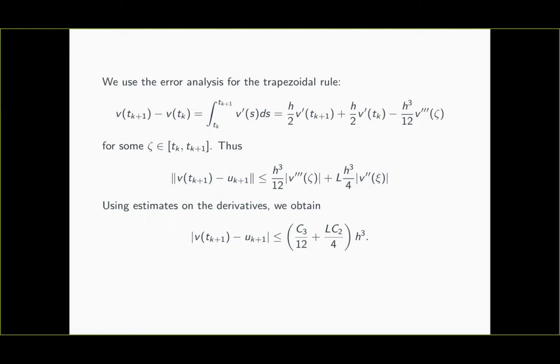Now, to simplify this, I apply the estimates on the derivatives, and I get that the norm of the local discretization error, the norm of v(tk+1) minus u(k+1), is bounded from above by (c3 over 12 plus L times c2 over 4) times the cubic power of h. And of course, what matters is the cubic power of h, the cubic power of the step size.